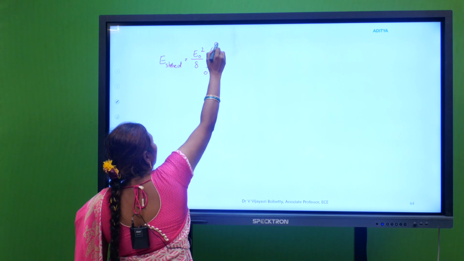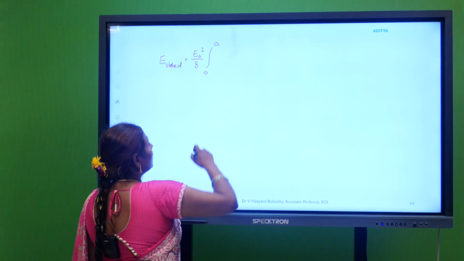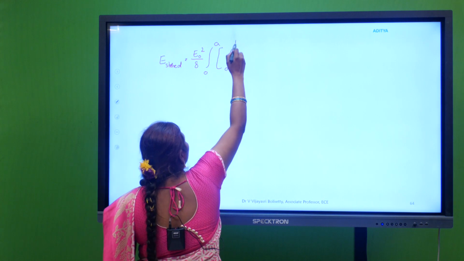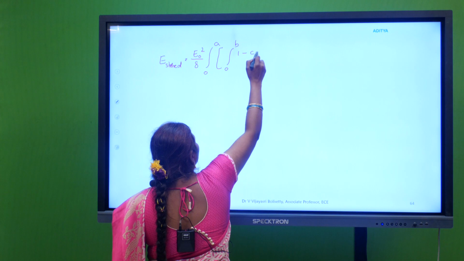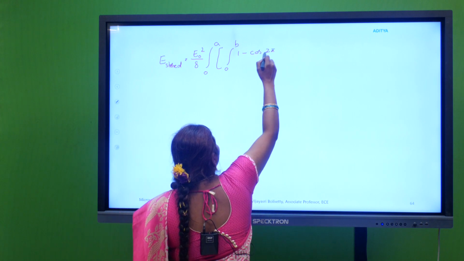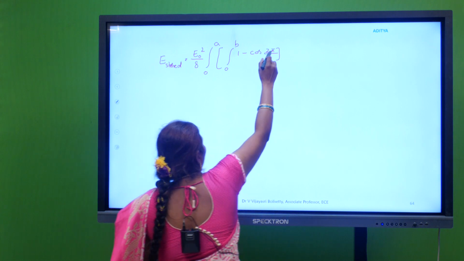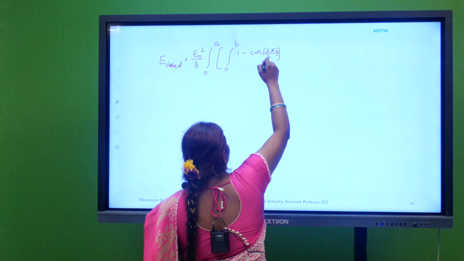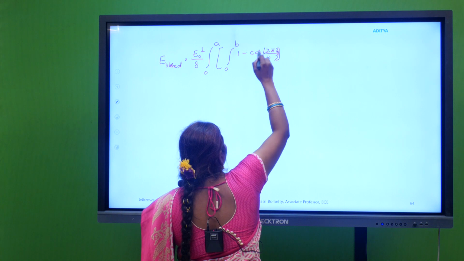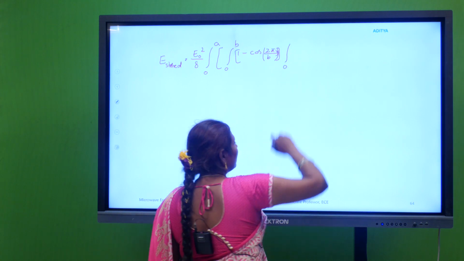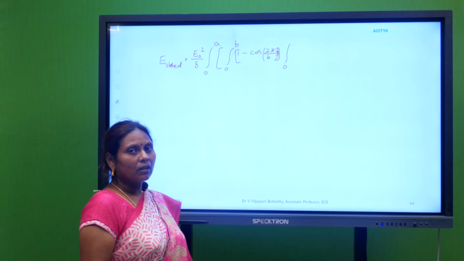integral 0 to a, integral 0 to b, 1 minus cos 2 pi by b y, integral 0 to d, 1 minus cos 2 pi by d z.